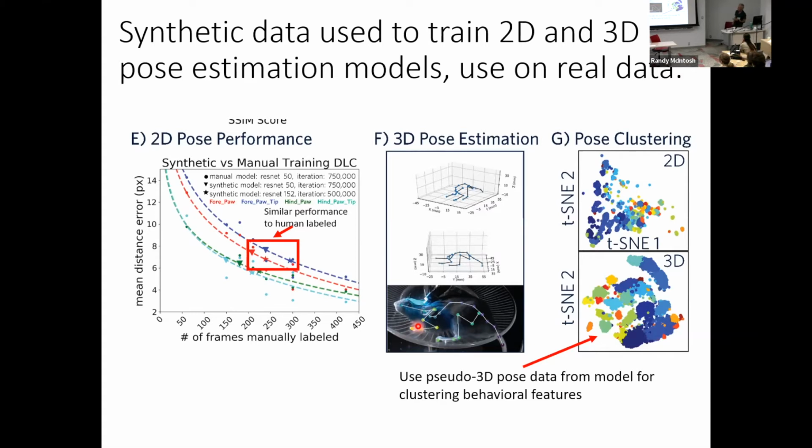One thing that's cool with this synthetic animal is we can place these labels. We build the labels into the animation, so no one ever has to click. We know exactly where the digits are in the model. We can also label internal structures of the animal, which would be impossible for a person to do.